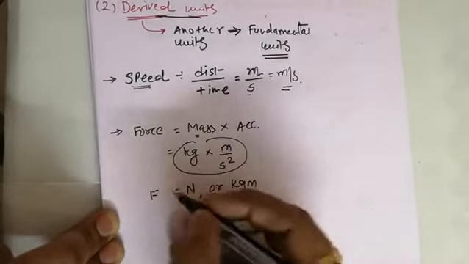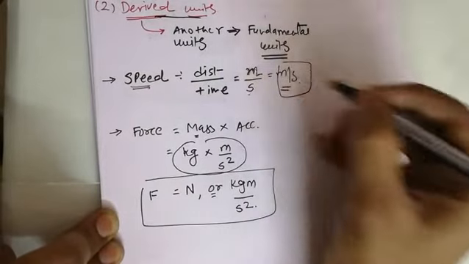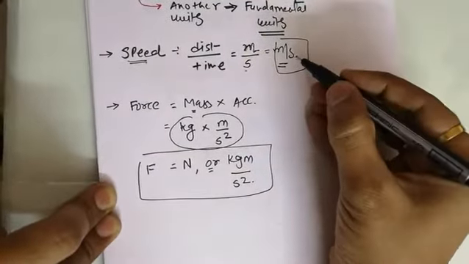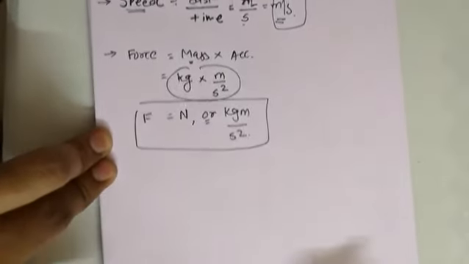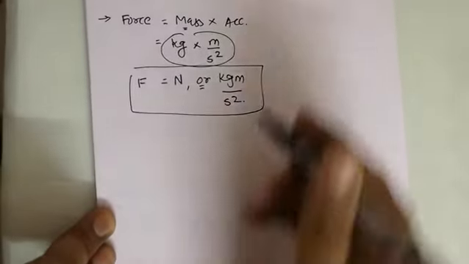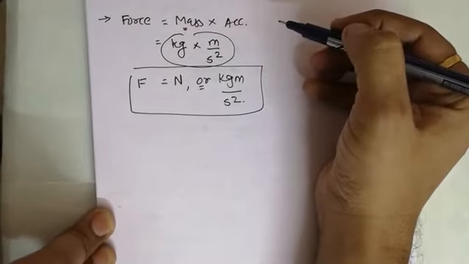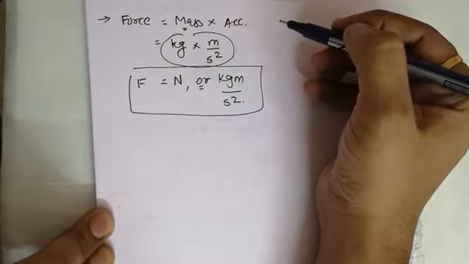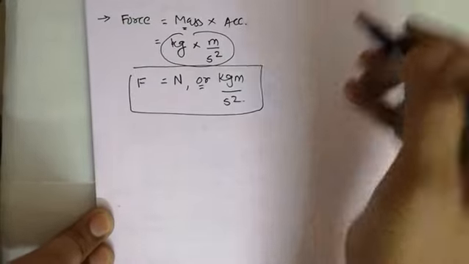This is the unit of force, and meter per second is the unit of speed. Both are derived units. There are many other units we will gradually discuss in the next segment of this chapter.